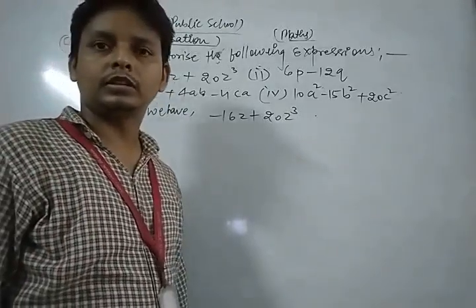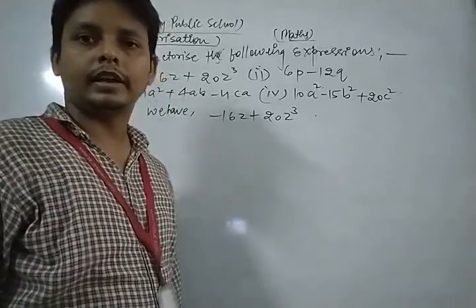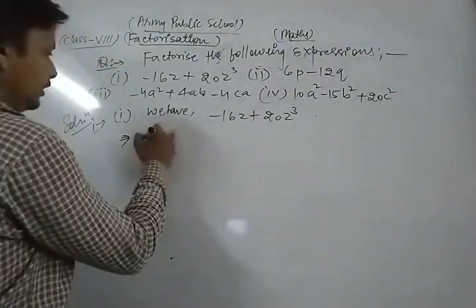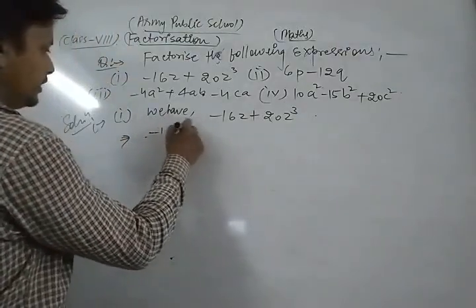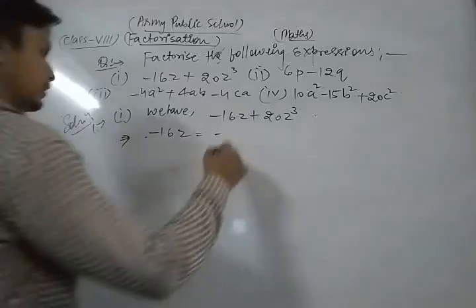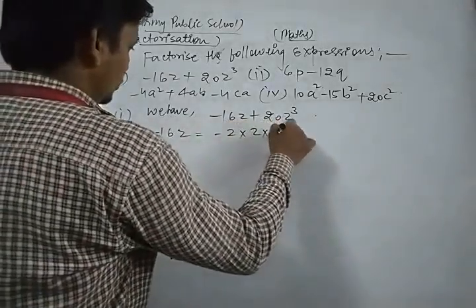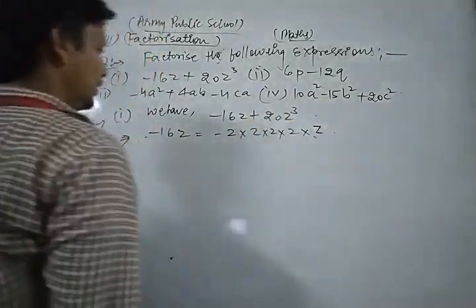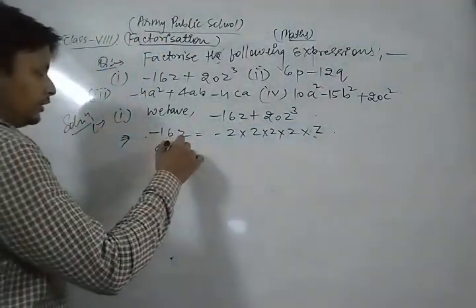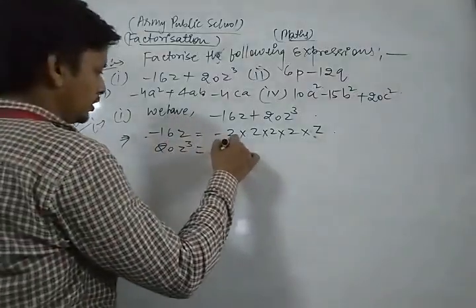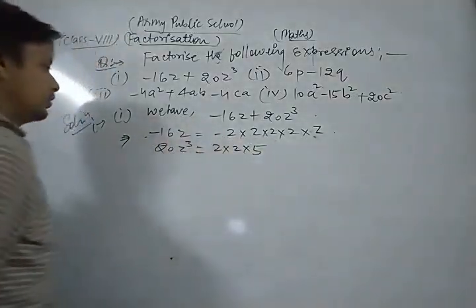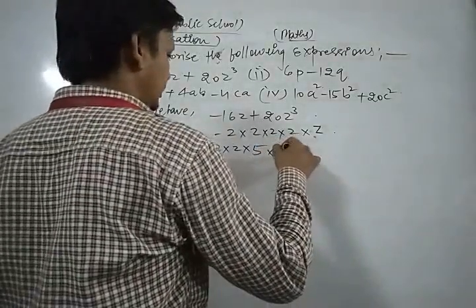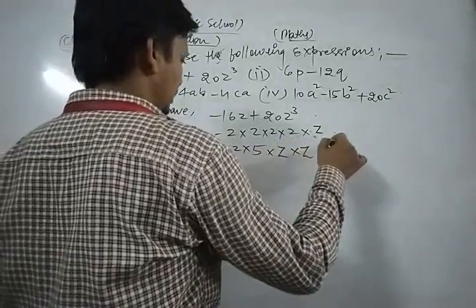Now look, we can write minus 16 into z as it is, 2 to the 4 into z. And now we can write 20z cube as 2 into 2 into 5, and z cube we can write z into z into z.